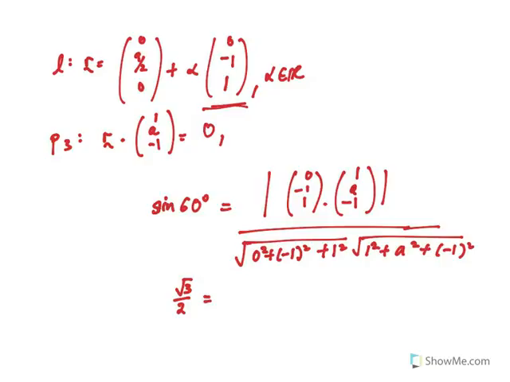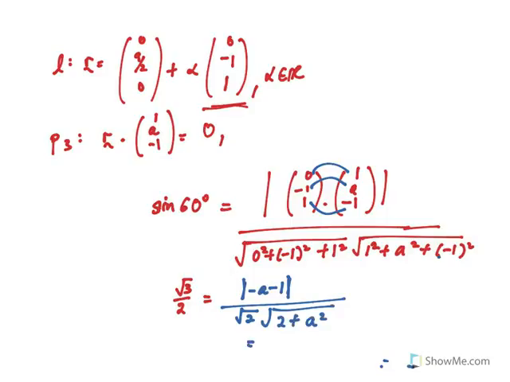Okay, on the top, what are you left with? 0, 1, 0, negative a minus 1. So the modulus of negative a minus 1. What are you left with below? Below, you're probably left with square root 2. On the right hand side, you have 2 plus a squared.